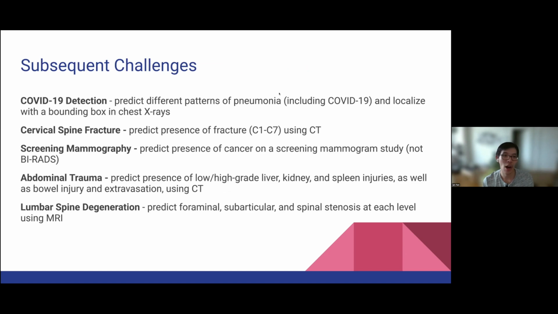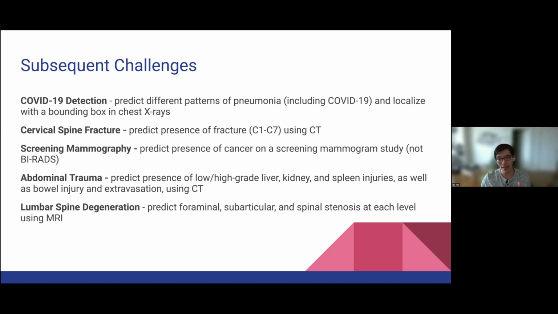Subsequent challenges are pretty similar in nature compared to the prior, so I'll just highlight them briefly. COVID-19 detection, that was in 2021, I believe. That was maybe like 4 years ago now, which is pretty crazy to think about. Basically, we were tasked with predicting different patterns of pneumonia.